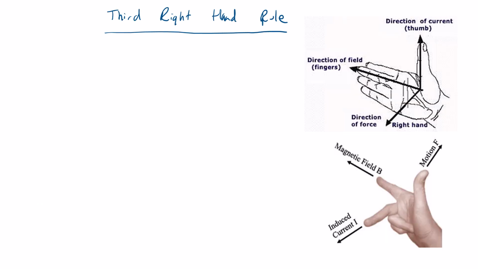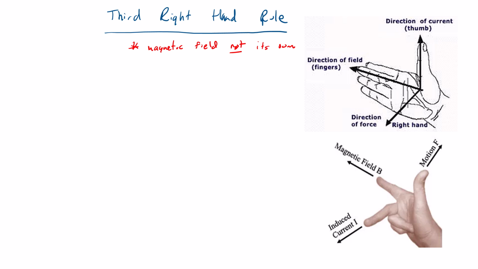And so our last right-hand rule is for the force on a particle or wire that's carrying current. And the important distinction to make here is this magnetic field is not its own. This is traveling through an external field.